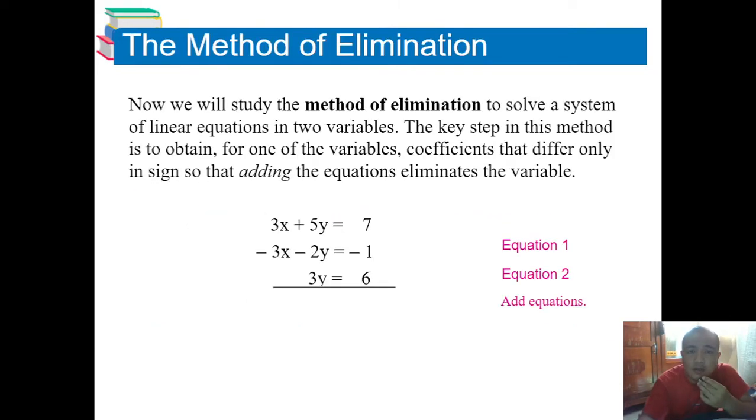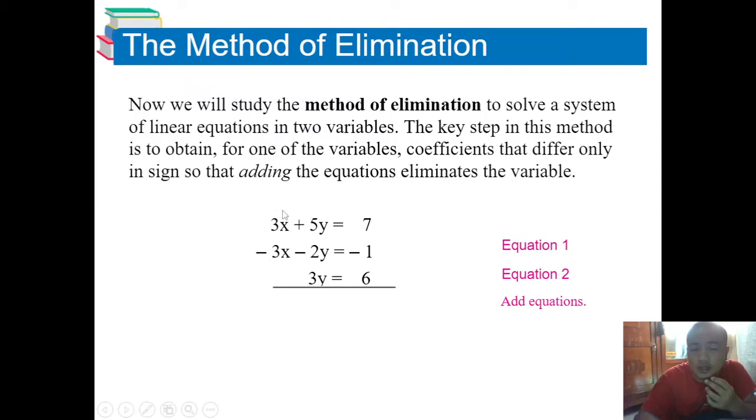So, the method of elimination. Now we will study the method of elimination to solve a system of linear equations in two variables. The key step in this method is to obtain for one of the variables coefficients that differ only in sign, so that adding the equations eliminates the variable.